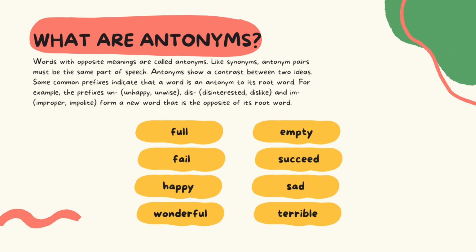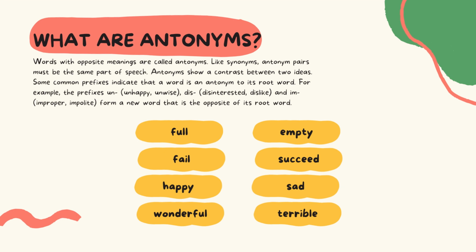Like in disinterested, the root is interested, and disinterested is the opposite of interested. Dislike, same case. And im, like in improper, proper is the root, im is the prefix. So it is the opposite. Impolite, same case scenario.